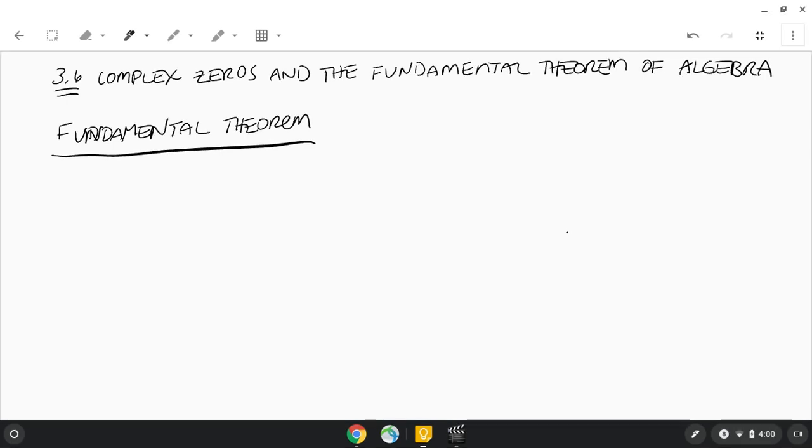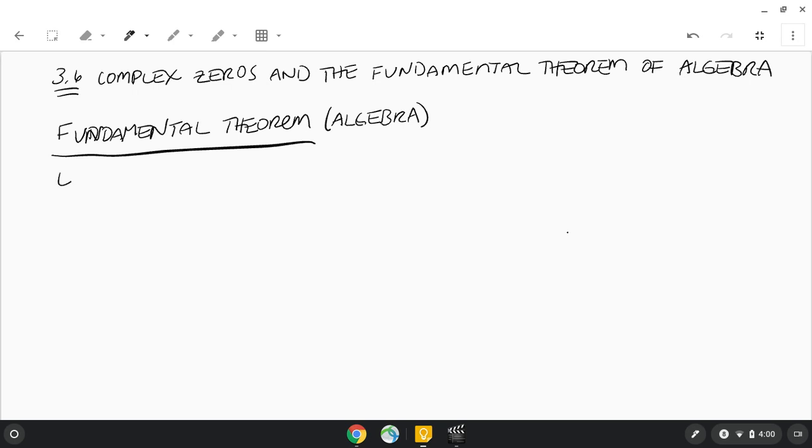We're going to look at a couple of theorems here before we look at factoring completely. Okay, so fundamental theorem of algebra. Let me just do this, because we do have one for calculus as well.